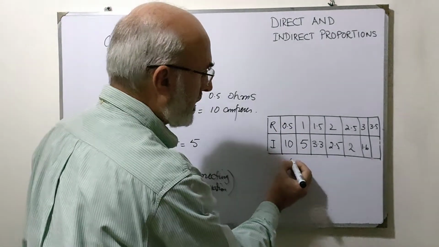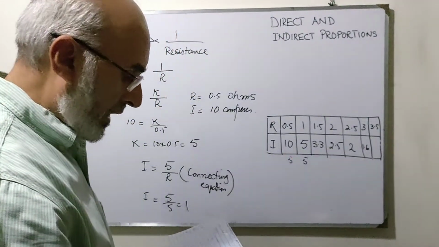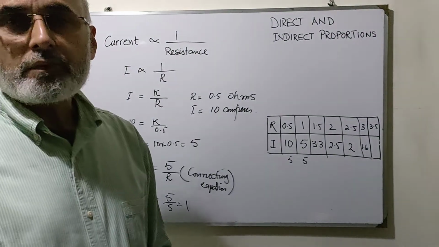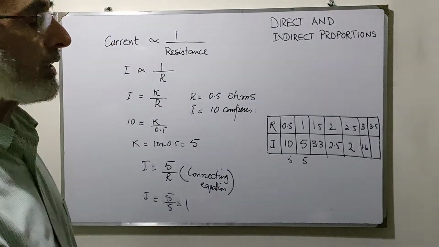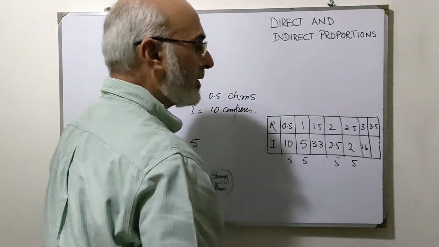If we multiply this, it's 5. Multiply this, it's 5. If we multiply these, it's not exactly 5, but it is close to 5.